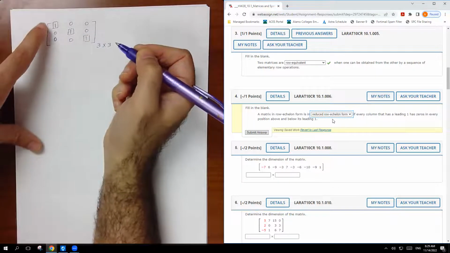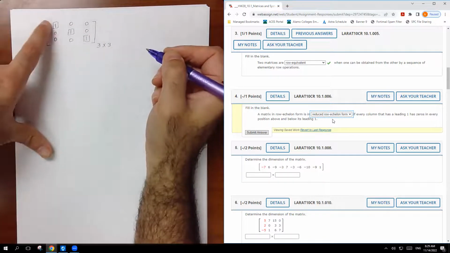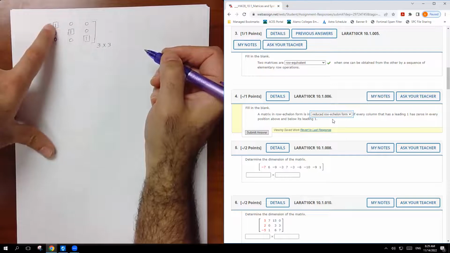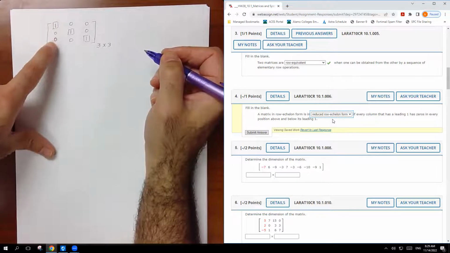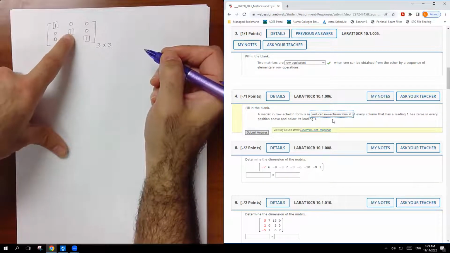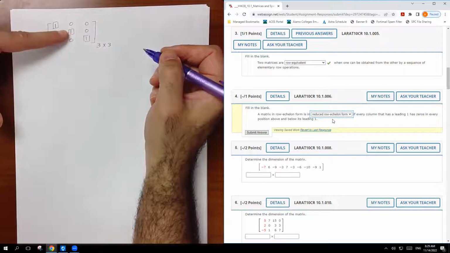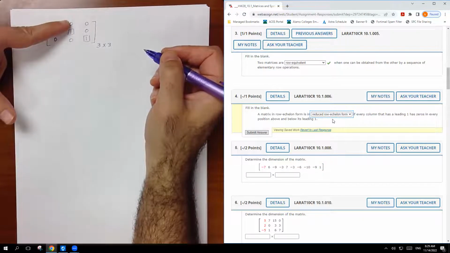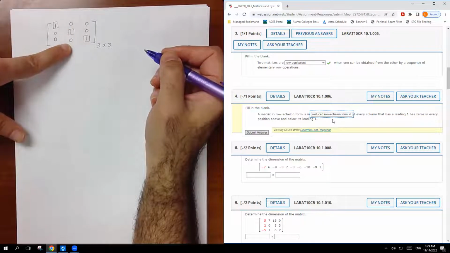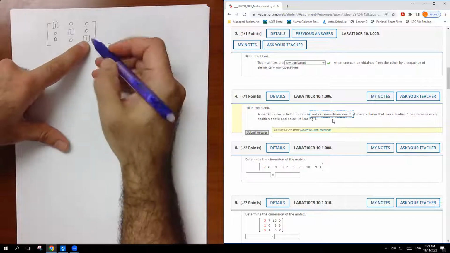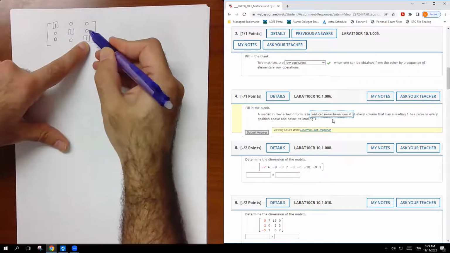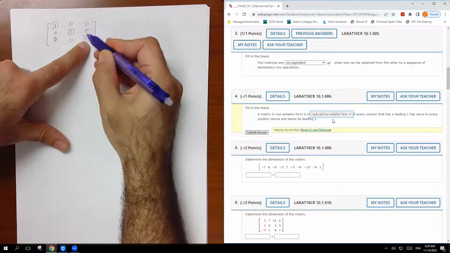So you see the diagonal here. The diagonal is 1. Every element here is zeros. The diagonal here, the second leading entry, which is 1, on the top is 0, on the bottom is 0. The third one, the number here is 1, and every number on the top is going to be zeros.